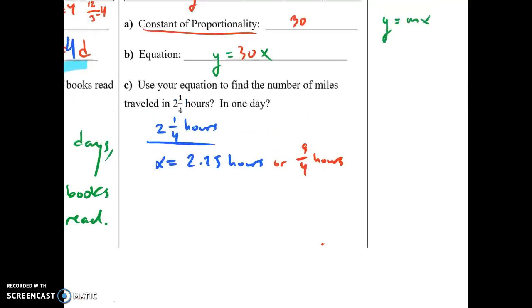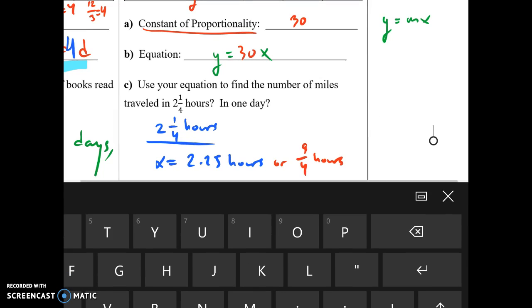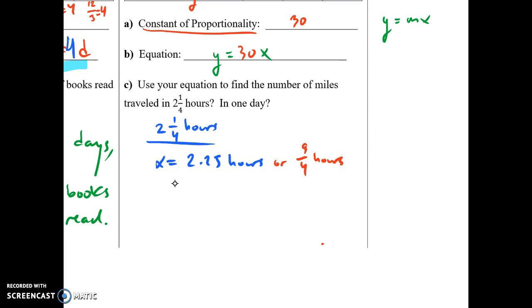So, rewrite your equation. Y equals 30x. And since we only have x equals 2.25, we only have to replace the x. So y equals 30 times 2.25.